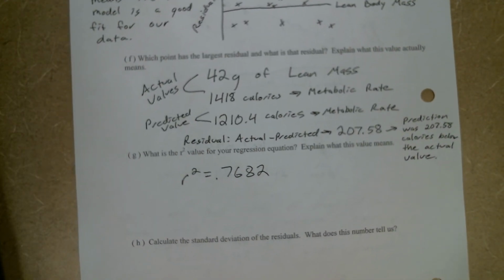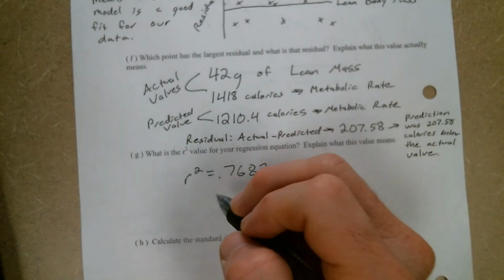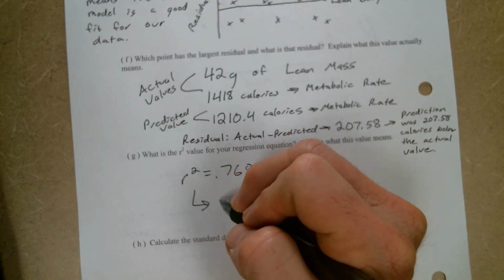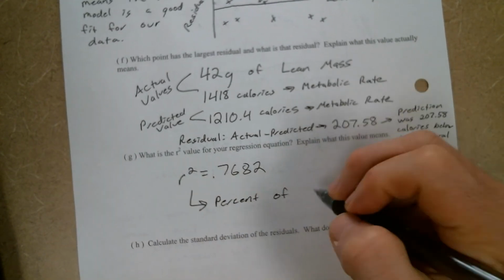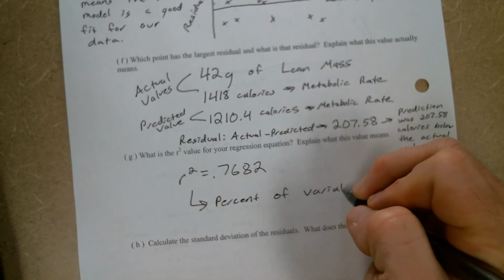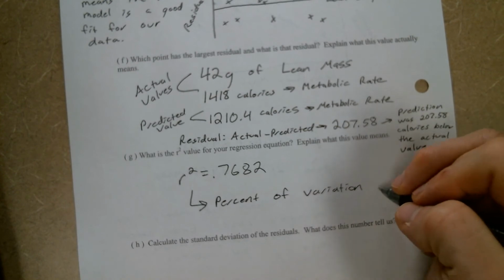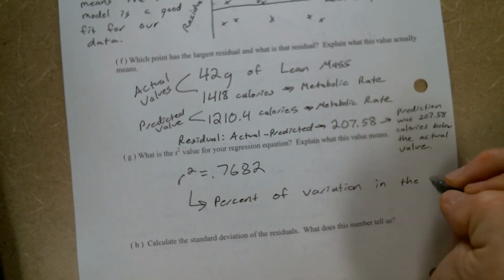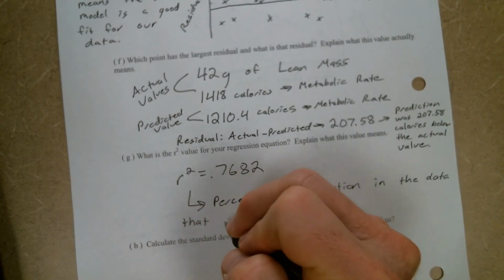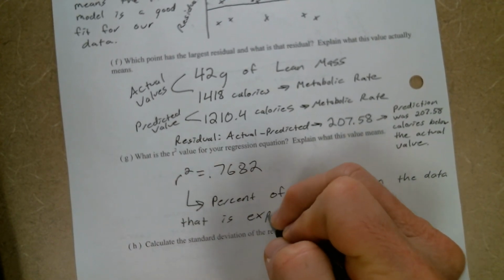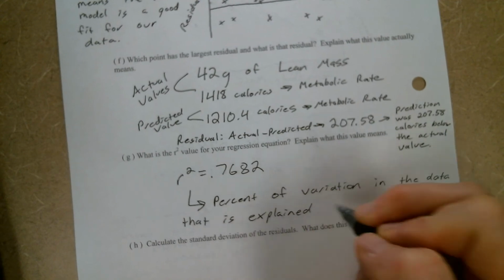Right. And what this value represents is the percent of variation in the data that is explained by our regression equation.